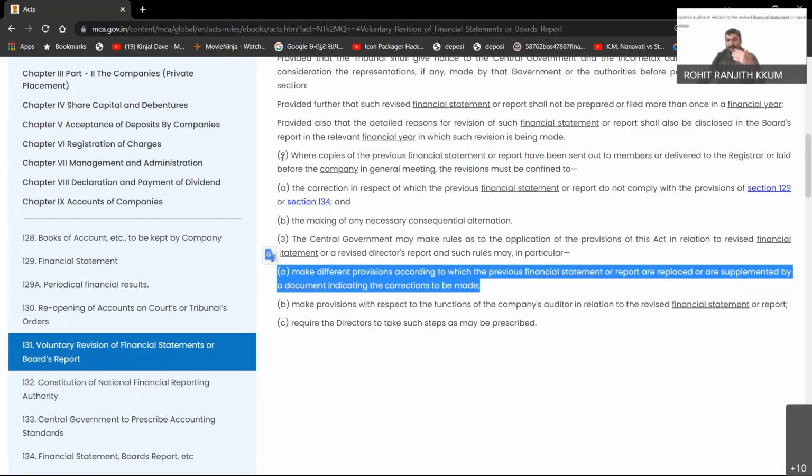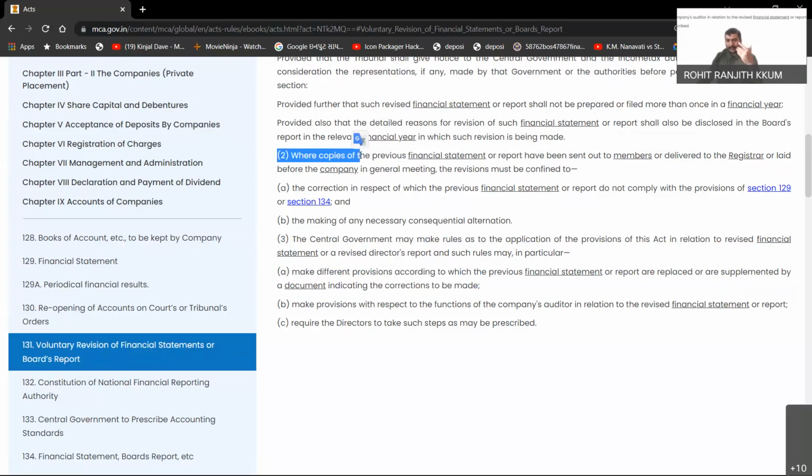Subsection 2 says that while you are preparing the voluntary revised board report, financial statements, the notes to accounts, notes to board report, you have to write two things: what you did not comply with and what you have altered. What you did not comply with and what are the consequential alterations. You have to write both of these things there. You have to tell that earlier what you had not followed and now which alterations you made.